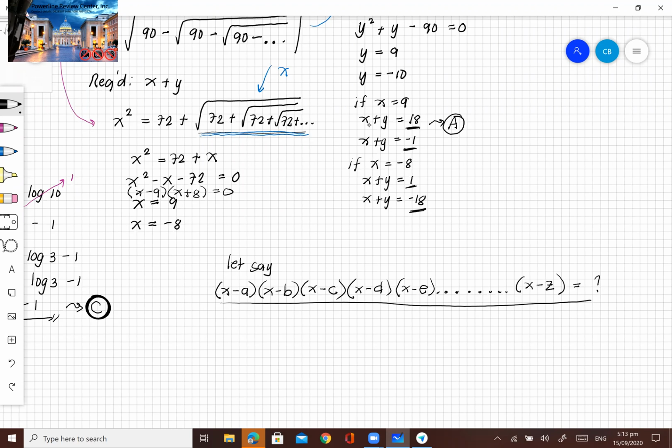Yeah, that's correct. What is the idea or the principle or the logic behind that? Why is it 0? Do you have an idea why it became 0?